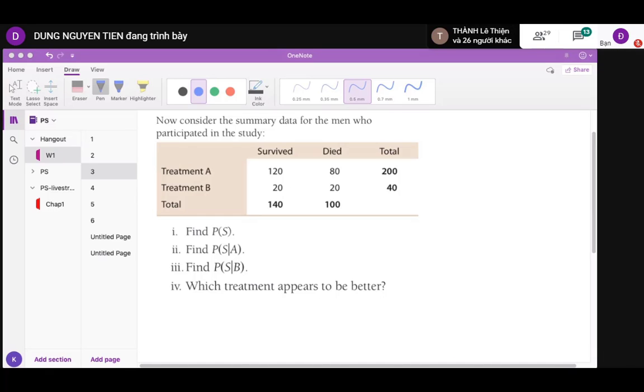Any luck? What is the probability of S? Please type in your answer in the text box.